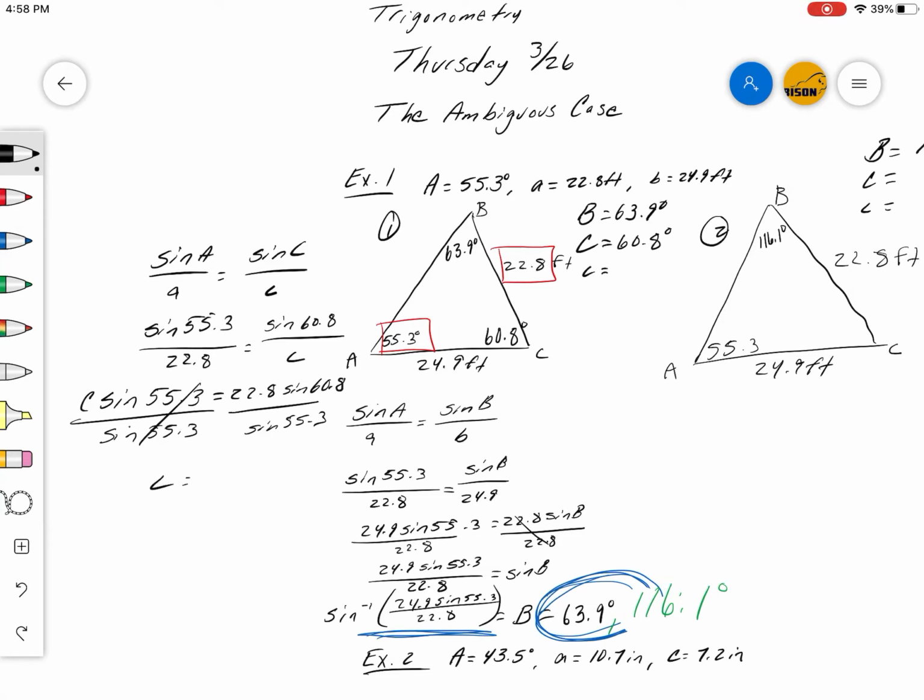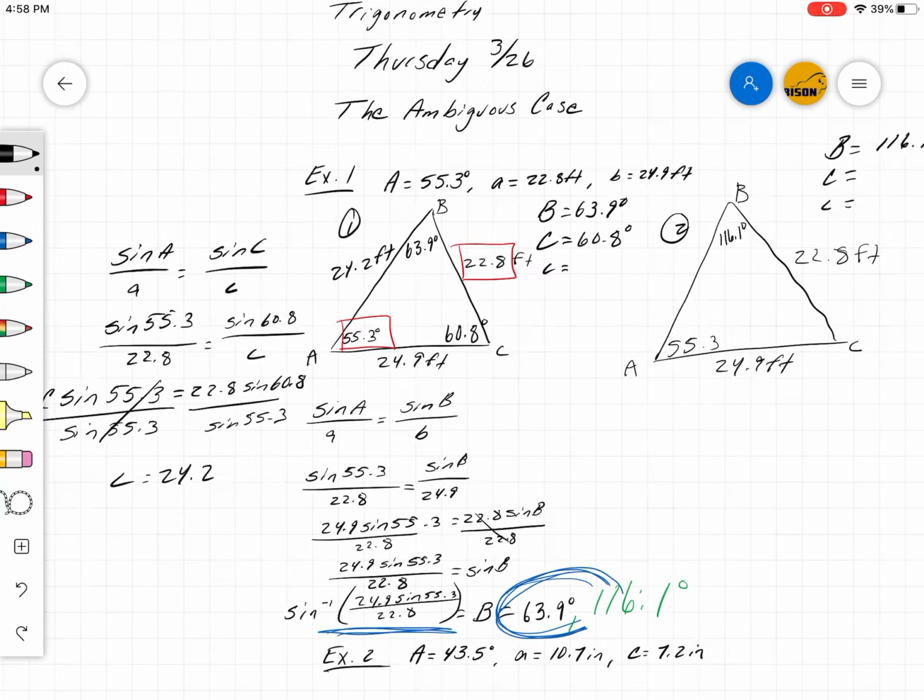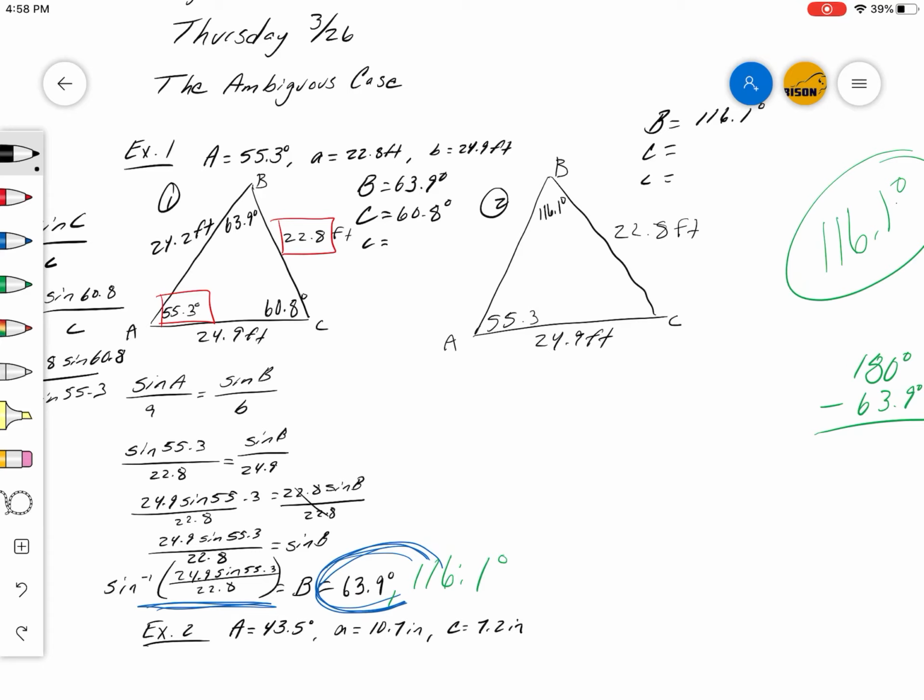So C equals 22.8 times the sine of 60.8, and then divide all that by sine of 55.3. Okay, so 24.2. So side C is going to be 24.2 feet.